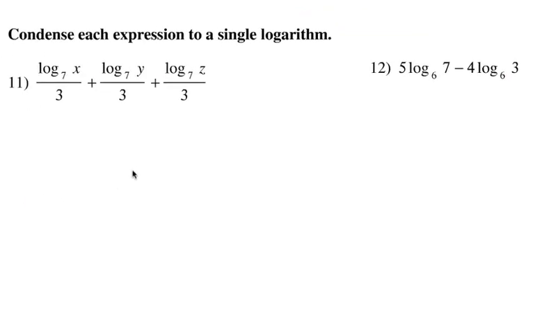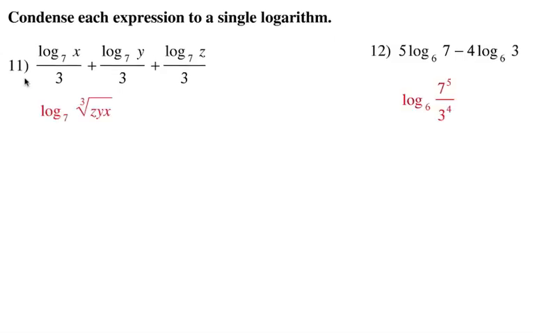Numbers 11 and 12, take a look and see if you can compress or condense each expression to a single logarithm. Go ahead. Number 11. This is our answer, and we're going to work backwards and see why it is. Okay, notice the pattern. These are all logs base 7.